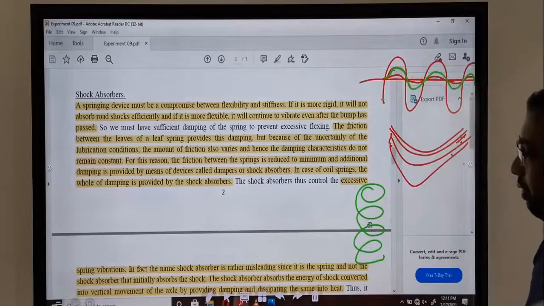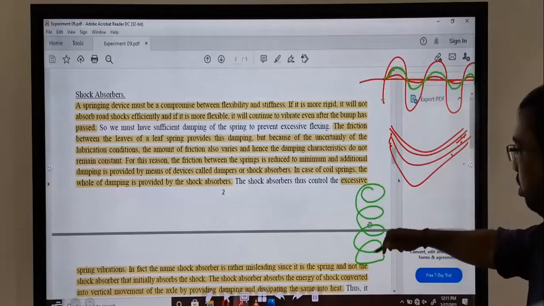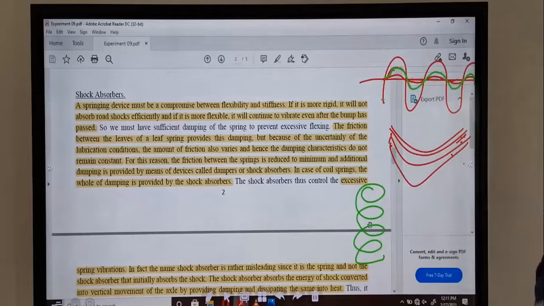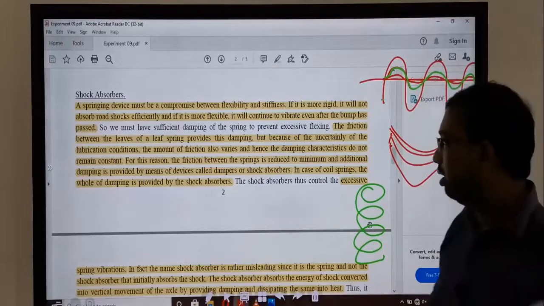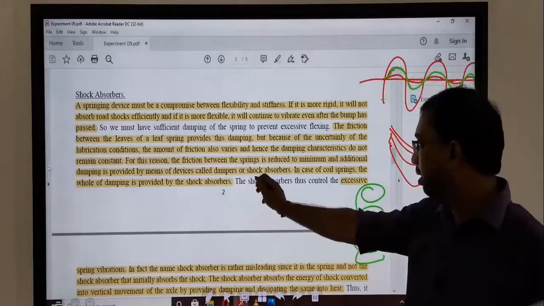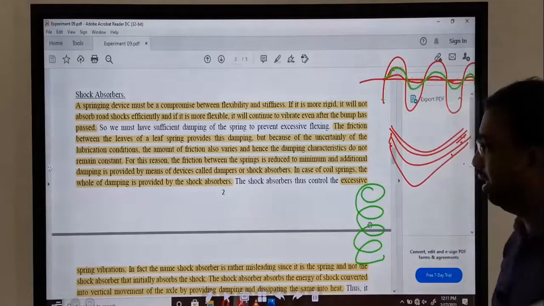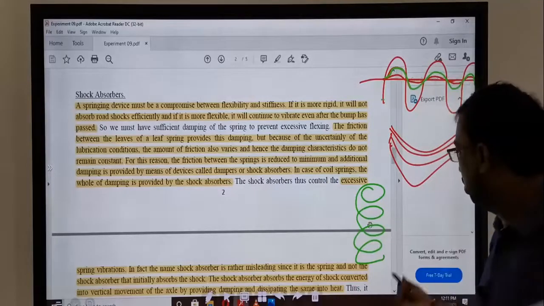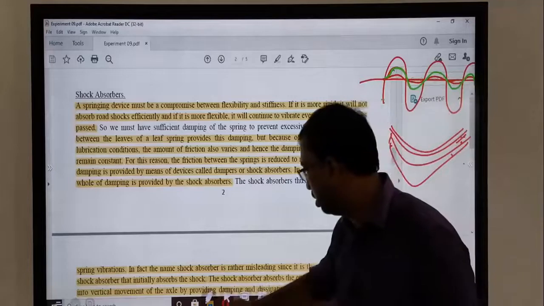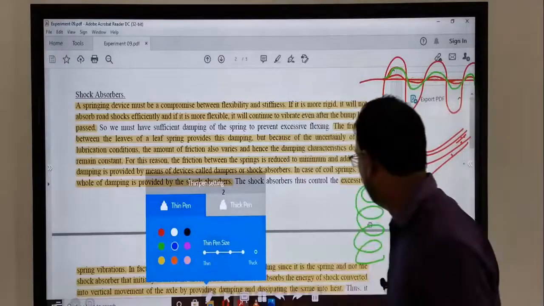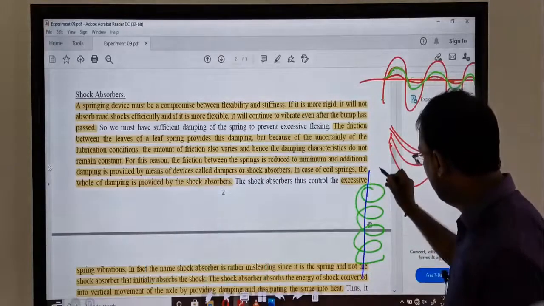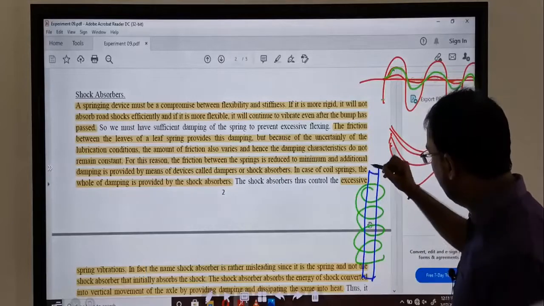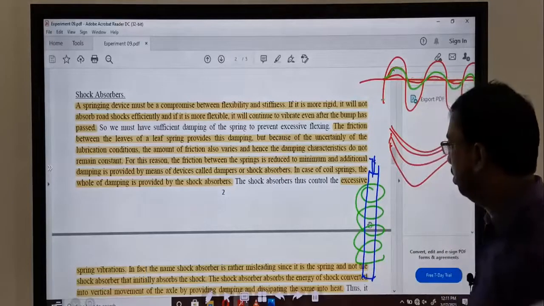So the shock absorber is used for this damping purpose, the device called a damper. In the case of a coil spring, the whole of the damping is provided by the shock absorber.